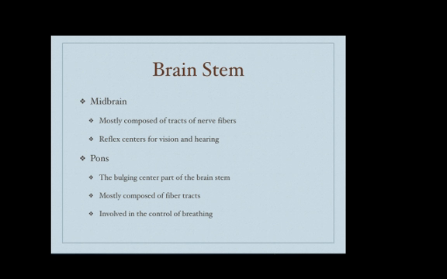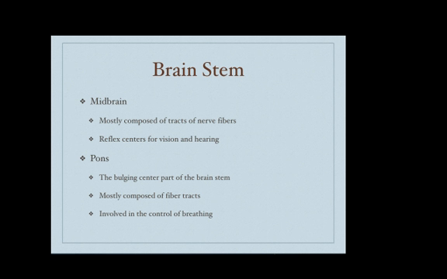The midbrain is mostly just tracts of nerve fibers. There's going to be two important functions that happen here in the midbrain that you need to know about. It is primarily a center for reflexes related to vision and hearing. So not processing visual information, not processing auditory information, but just the reflexes involved in your eyes and ears functioning.